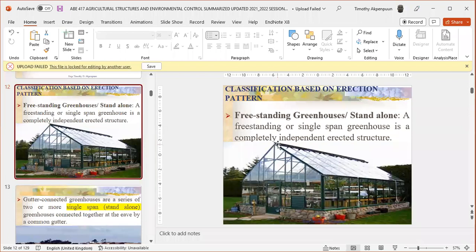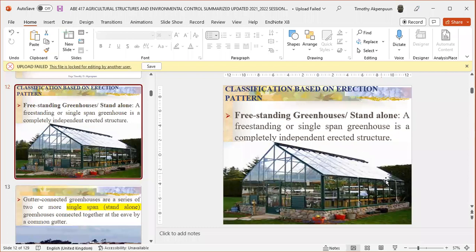Do you see my cursor? Yes, sir. Look at this line at the top here. That's called the ridge. And you see these other lines slanting down here? Those are called what?